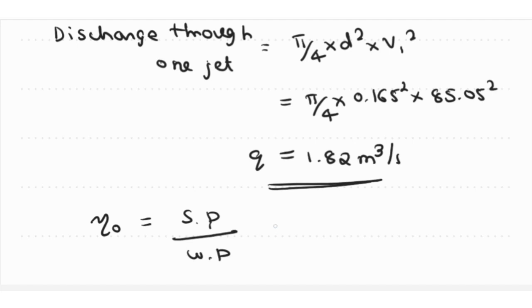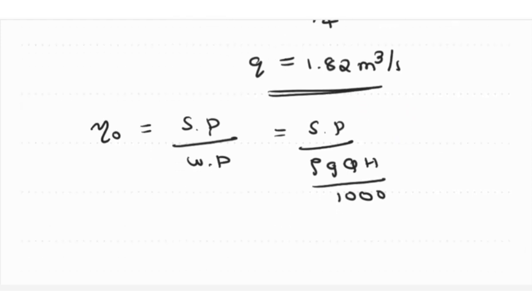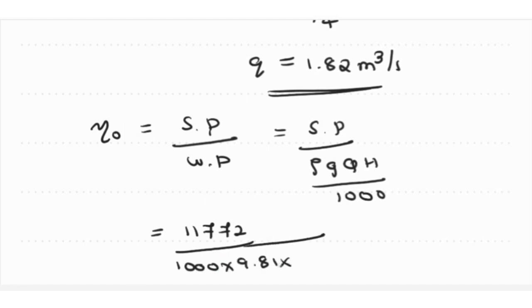Shaft power is given, water power is rho g Q into H divided by 1000. Substitute the value: shaft power is 11772 divided by rho of water 1000 into 9.81 into Q, will keep as it is, and H is 380.